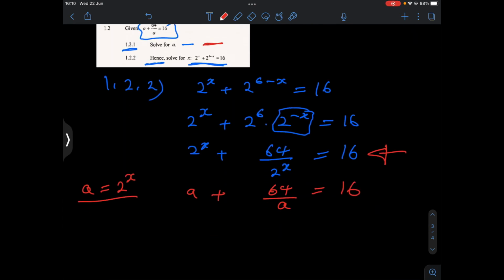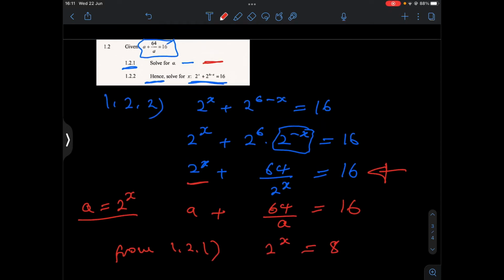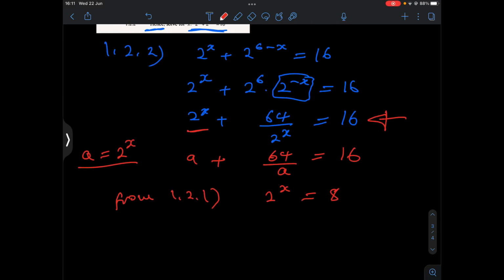So from question 1.2.1, we can say, not the solution of a, my apologies, the solution of this part here, 2 to the power of x equals 8 as well from the previous solution. So we just have to solve for the value of x in this case.